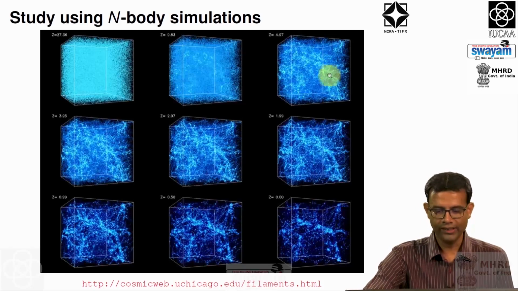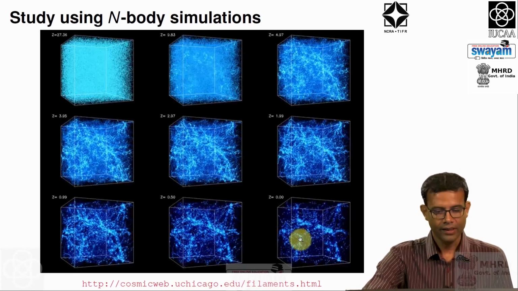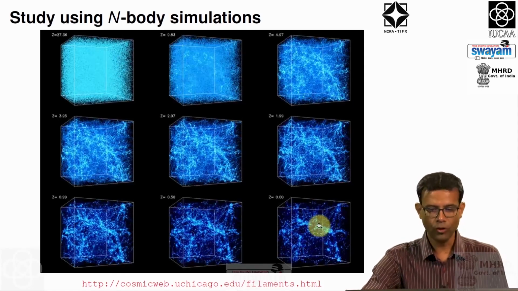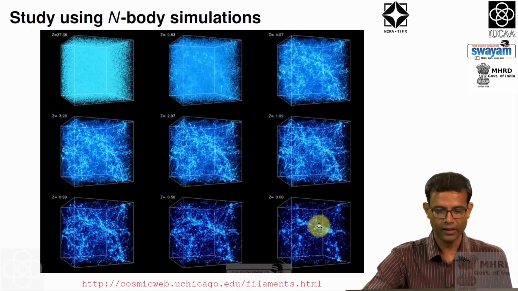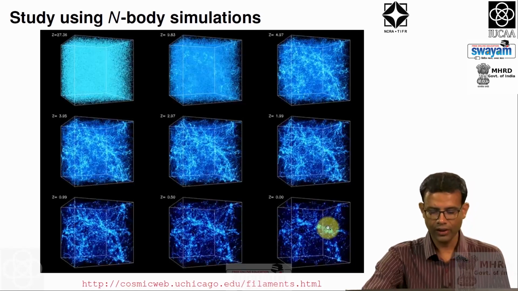So, there are these overdense regions which you can identify. Keep on going, the redshift is decreasing, and by the time you hit redshift 0, you can see the structure which was very homogeneous at early times has become quite inhomogeneous and clustered. Okay. So, you can see there are regions which are very high density and there are regions which have almost no matter, like voids.